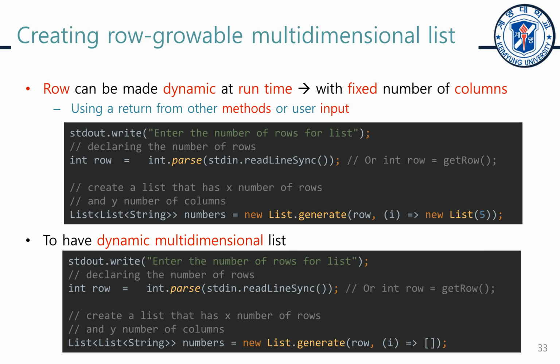The next one is to have a dynamic column. However, to have a dynamic row, or a row-growable multidimensional list, you have to receive the number of rows from the user or from some kind of method.